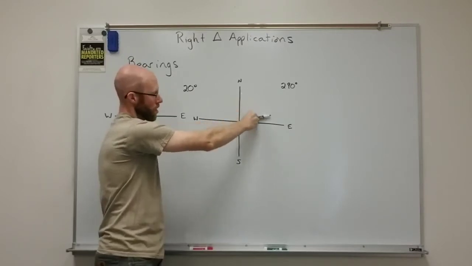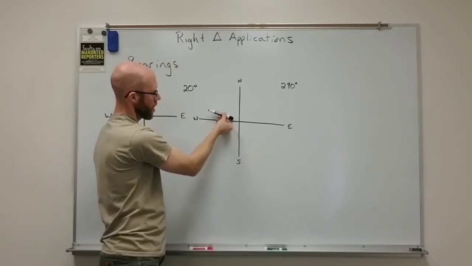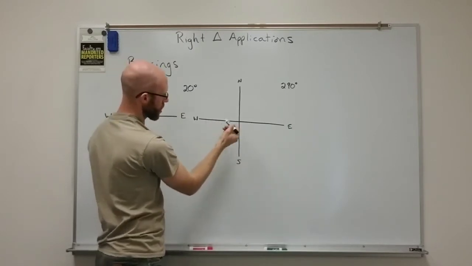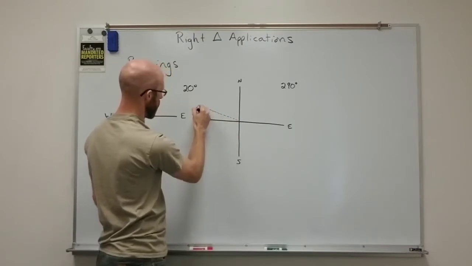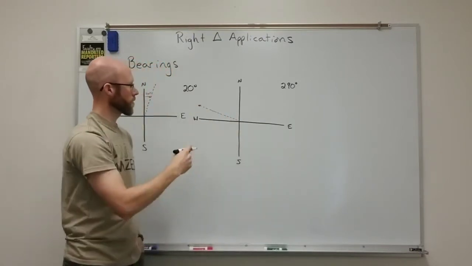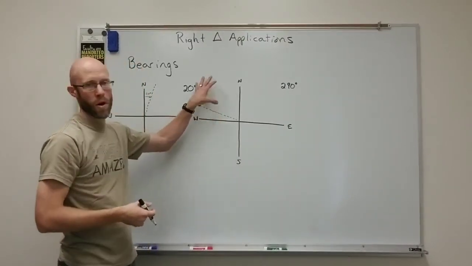So you'd go, this is 90, 180, 270, there'd be another 20 degrees in that second quadrant there, the northwest quadrant.